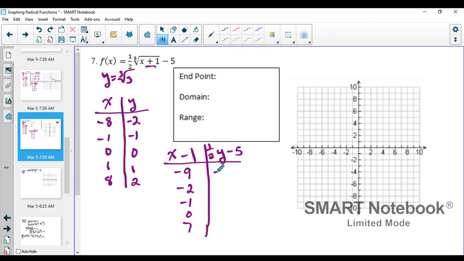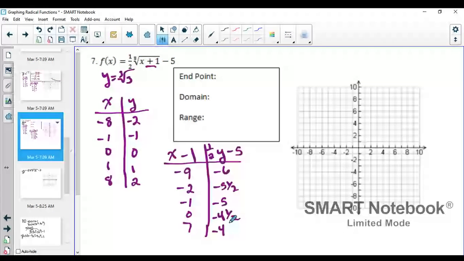Minus 5 is -6. 1/2 times -1 is -1/2. Then -1/2 minus 5 is -5.5. 1/2 times 0 is 0. 0 minus 5 is -5. 1/2 times 1 is 1/2, and then 1/2 minus 5 is -4.5. And then 1/2 times 2 is 1. 1 minus 5 is -4.